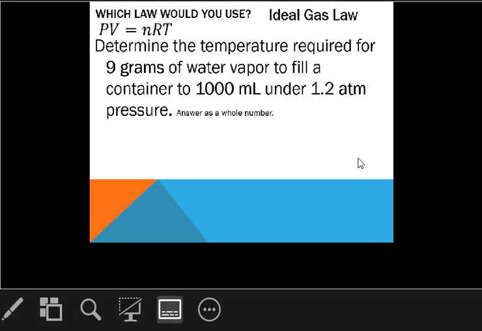But for an ideal gas law, you have to have ideal conditions. What does that mean? First of all, your pressure can be any unit, but I have to use the right R value. So what pressure do I have here? Atmospheres. So I first have to go get the R value for atmospheres. It's located at the top of your test in a section of R values. So what is the pressure?